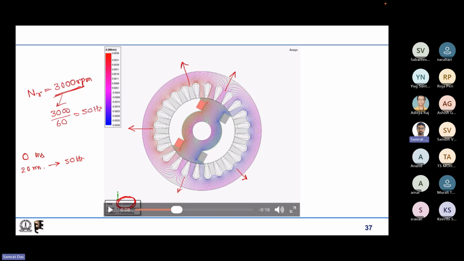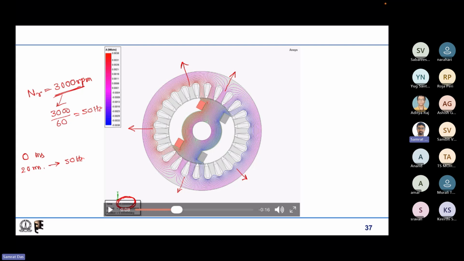So by injecting a DC current into the rotor and by rotating the rotor at some speed, we can have a rotating magnetic field generated by the rotor.